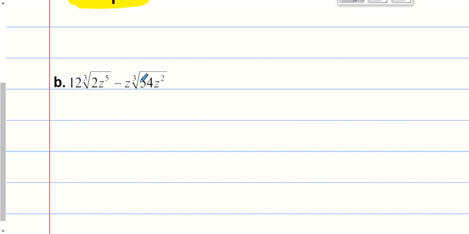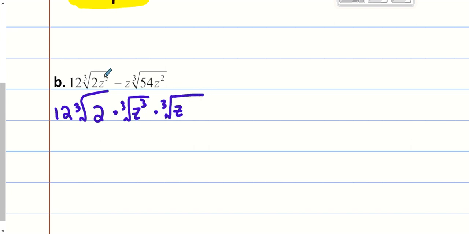So if we were to simplify some stuff here, I have 12 times the cube root of 2 times the cube root of z cubed times the cube root of z to the, well, you're looking at that and you're going, no, you wrote that wrong. That's z to the 5th.